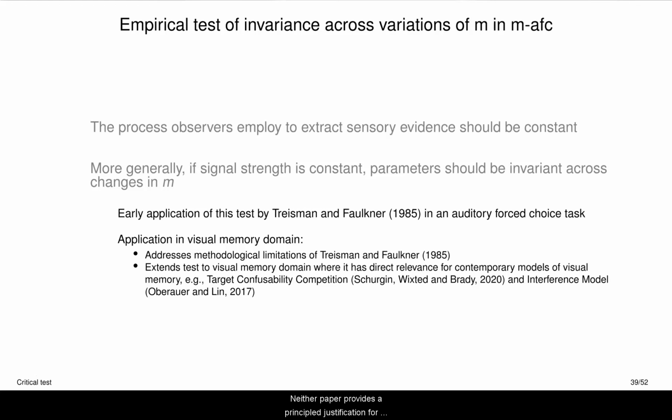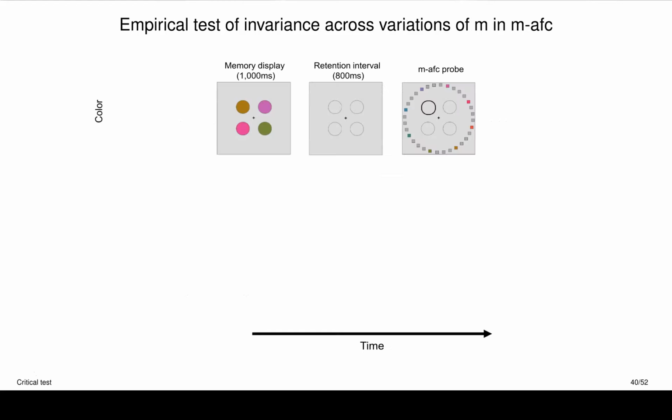Neither paper provides a principled justification for using one response function over the other, and given the processing assumptions that the Luce model and the Gaussian signal detection model carry, it's important to have an empirical test to discriminate between these two models. So next I'll talk about our experiments.